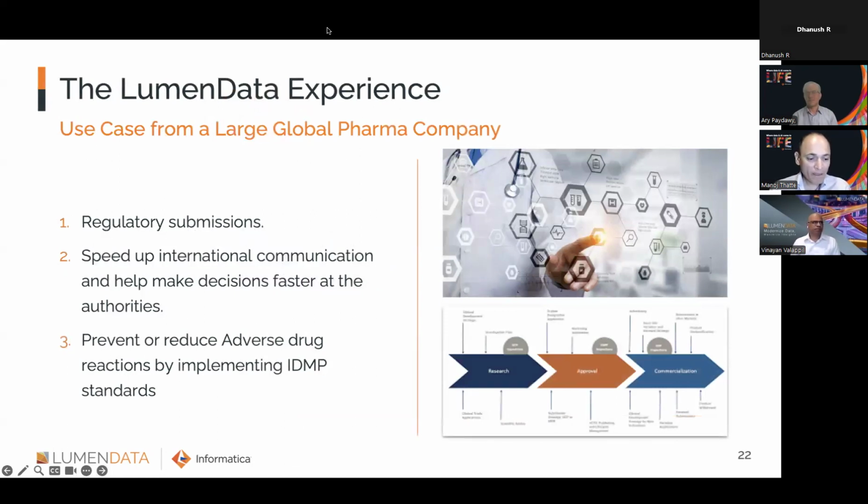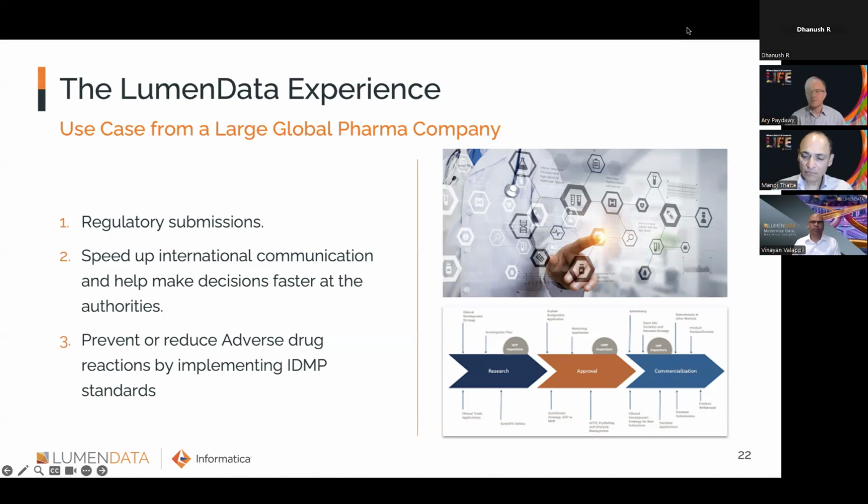Thank you, Manoj. As you know, many pharma companies have been working towards adopting IDMP standards to enhance the interoperability of regulatory information globally, right? So the customer I'm going to refer to is no different. Their primary use case is to organize the medicinal product data in accordance with IDMP regulatory standards for the regulatory submission, right? The regulatory submission is very important for every pharma company.